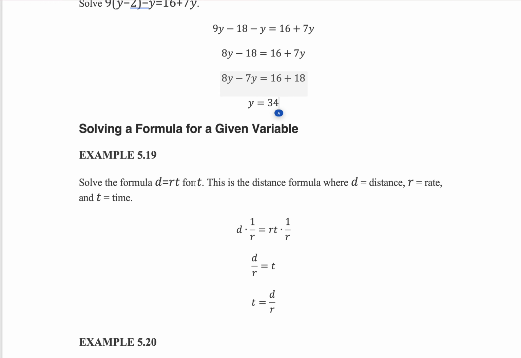This time the problem says clearly we want to solve for T. So you want to focus on T and single out this T. Because I want to have a single T, I multiply both sides by 1 over R. Or I can say I divide both sides of the equation by R, which is the same as multiplying both sides by the reciprocal of R. So to this point, T is already singled out.